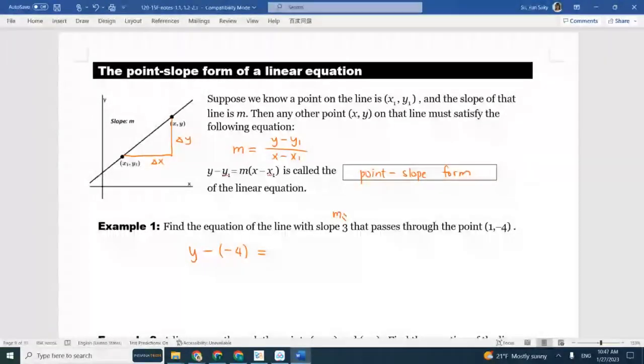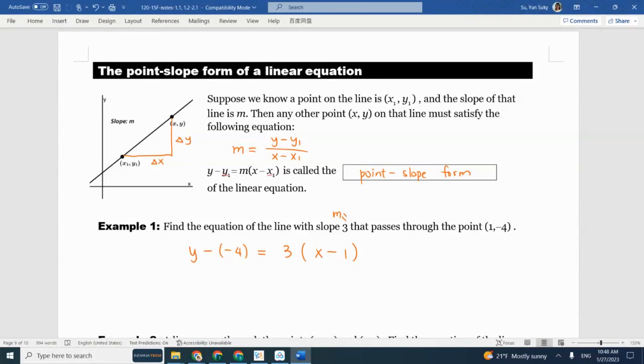Oh, we're using the point slope form. y minus the y coordinate of the point equals slope. What's slope? 3. And then times x minus 1. Right, everybody? Yes, so make sure you remember the point slope form.